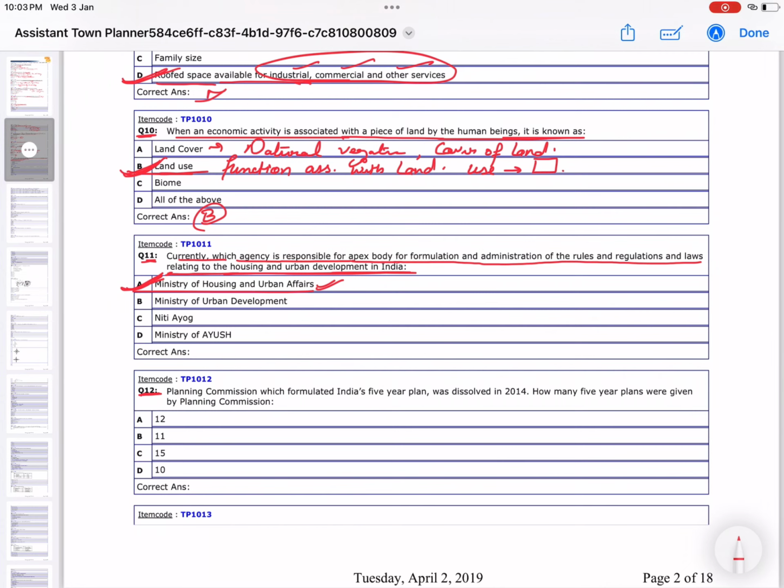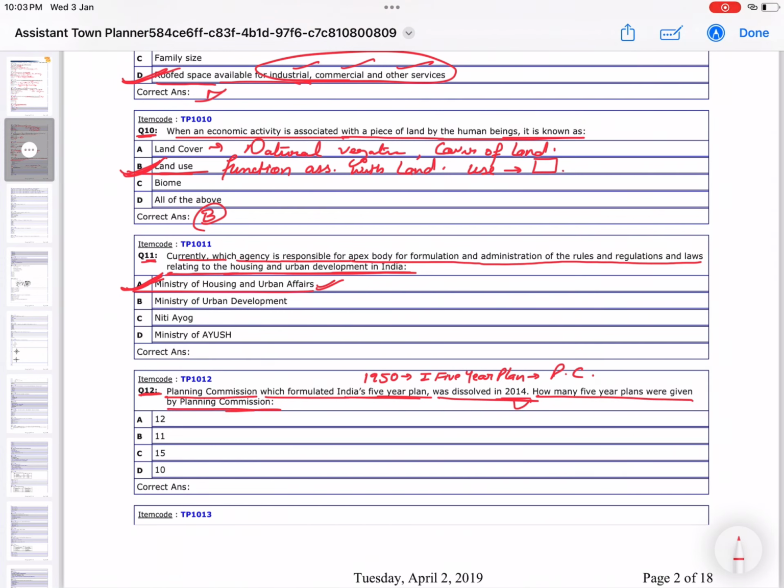Question number 12. Planning Commission, which formulated India's 5-year plans. It started in 1950. The first 5-year plan came and it was given by the Planning Commission. It was dissolved in 2014. How many 5-year plans were given by the Planning Commission?